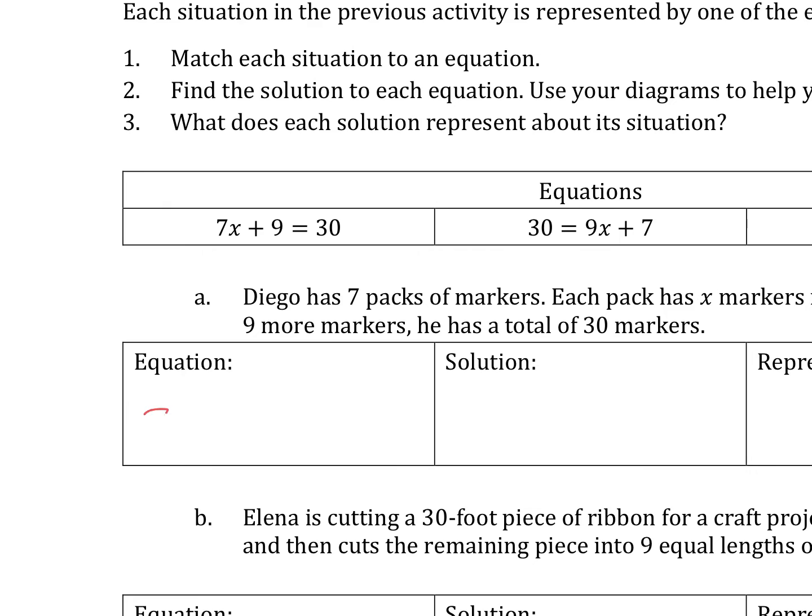So that's 7X. Then I had the plus 9 equal to 30. For my solution, I am going to first subtract 9 from 30 to give me 21, and then do 21 divided by 7 to get 3.